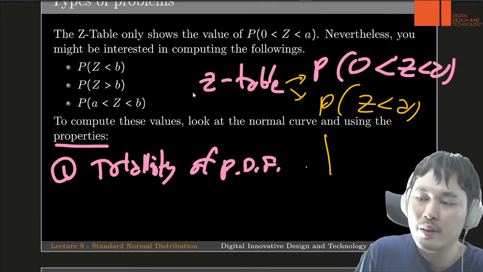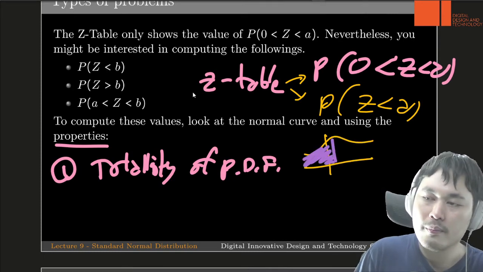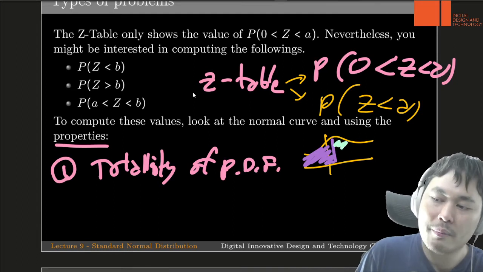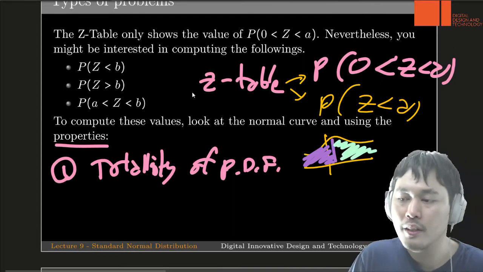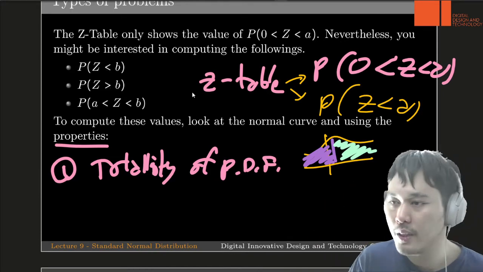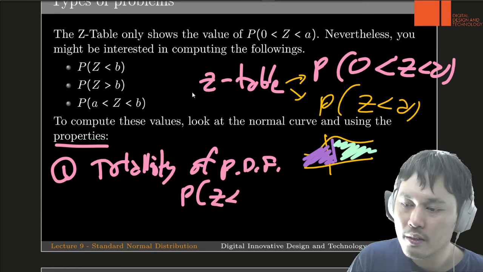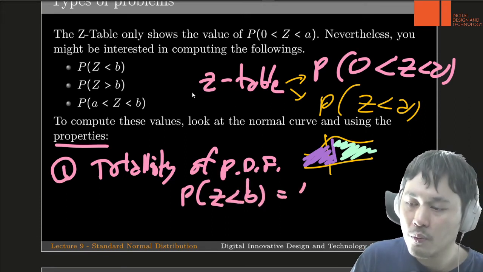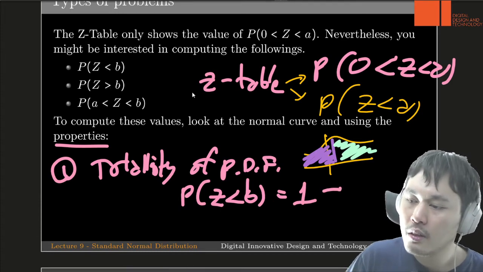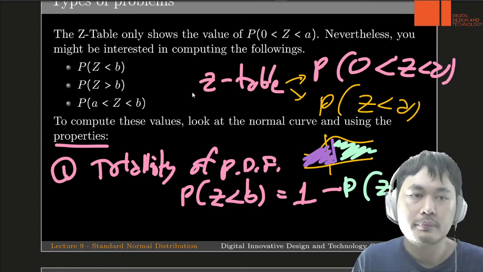This means that whenever you see a curve and you want to compute the area to the left, that area to the left is 1 minus the area to the right. Or in other words, those two areas add up to 1. And that means if you want to find the probability that z is less than b, then that's going to be 1 minus the probability that z is at least b.